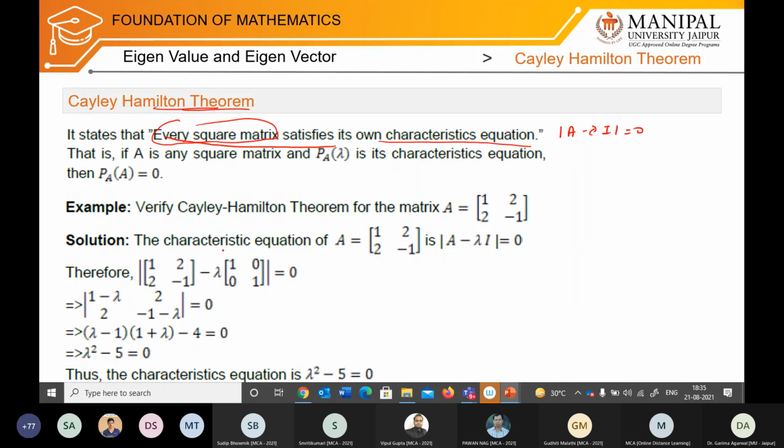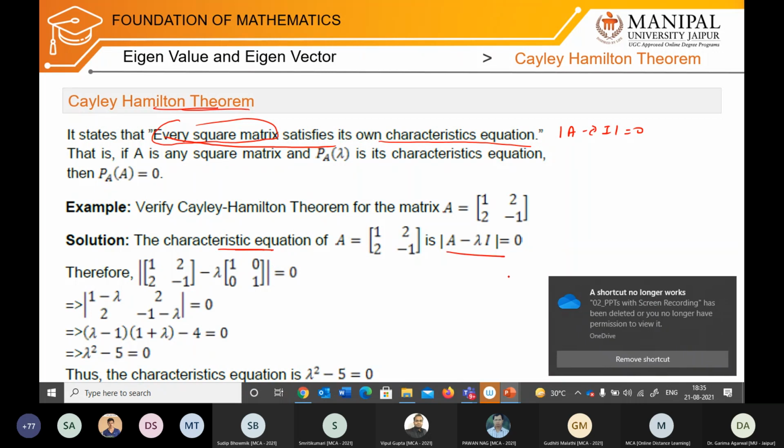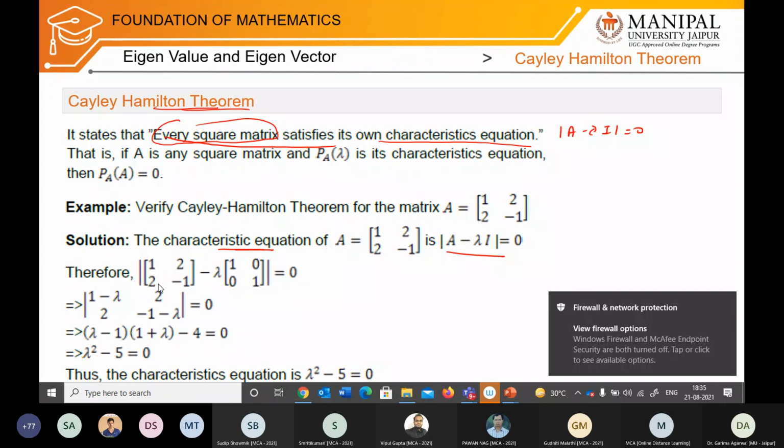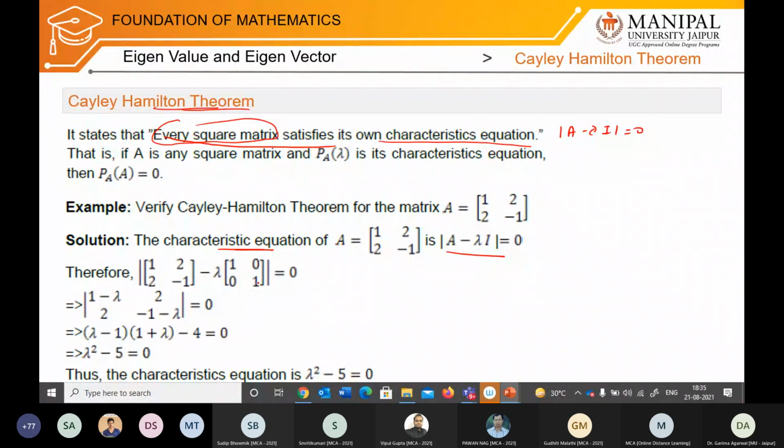So first of all, write the characteristic equation, that is determinant of A minus lambda I equals 0. Just write this matrix A minus lambda I, where I is the identity matrix of order 2 cross 2.